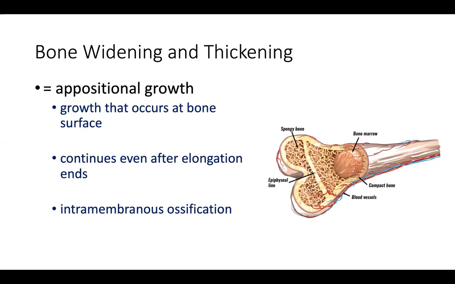So your bones can continue to thicken even after they stop growing in length. This is specifically done through intramembranous ossification. That's the other kind of bone growth where connective tissue is replaced or turns into bone. Interstitial growth would be endochondral ossification.